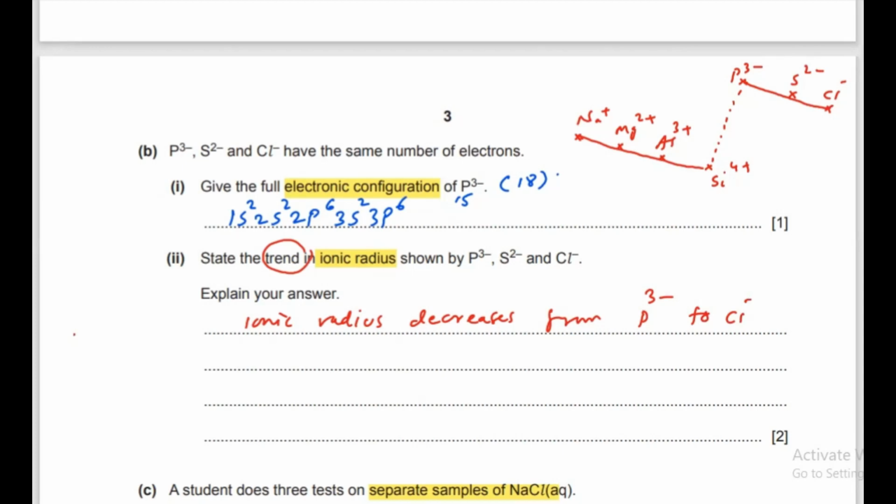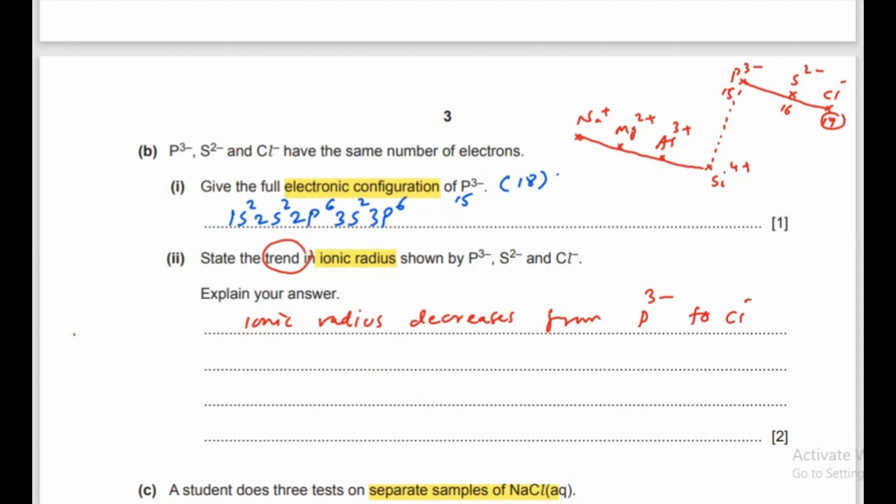If we look at the number of electrons and protons, here we have 15 nuclear charge, then 16 protons, so 16 nuclear charge, and then 17 protons in the nucleus, so 17 nuclear charge.